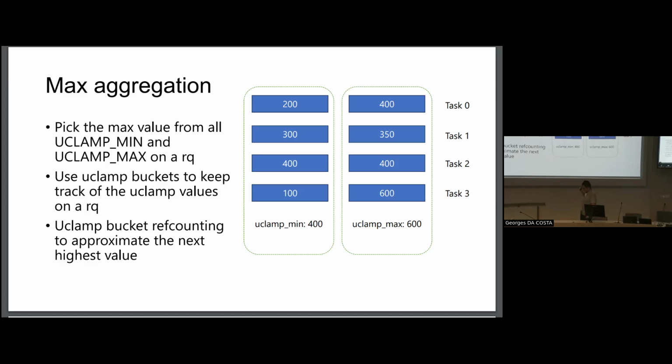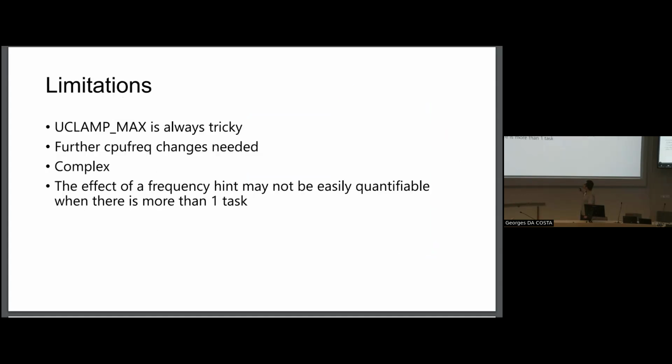When I'm testing this implementation, mostly in Android workloads, I would say there are a couple of limitations. The first is that Uclamp max always leads to very strange behavior. Although, I would say Uclamp max is quite tricky to handle in general, regardless of how we implement Uclamp.